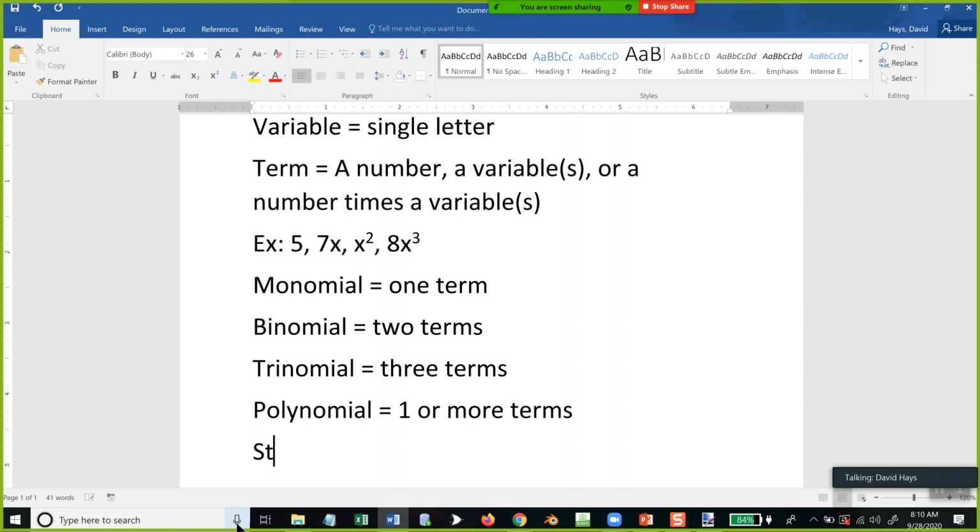Now we have something called standard form. This is when your terms are arranged, and it can go either way, but I'm going to say terms are arranged from largest power down to smallest power.